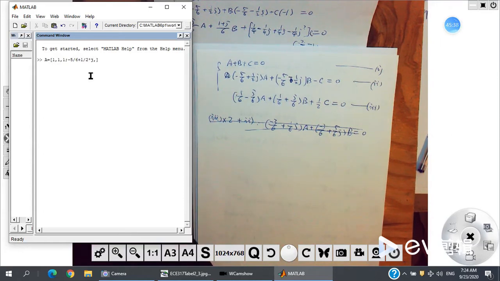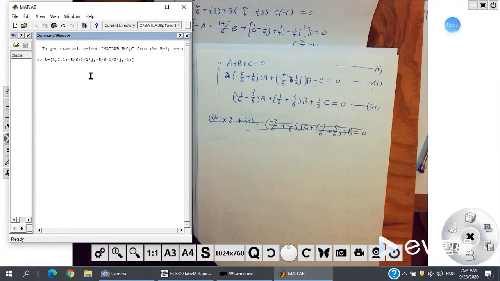And the second coefficient is -5/6 minus 1/2 times j. And the last coefficient is -1. Okay, we have the second row, 3 coefficients.